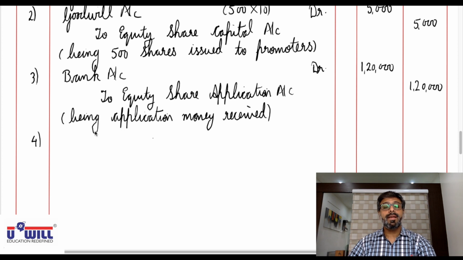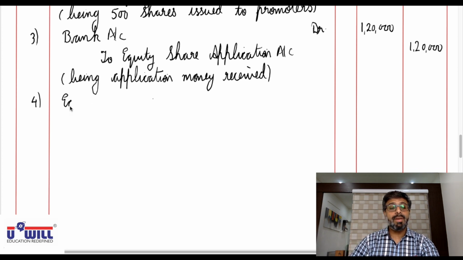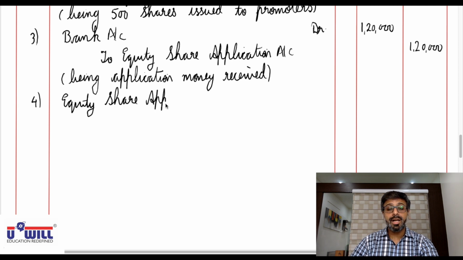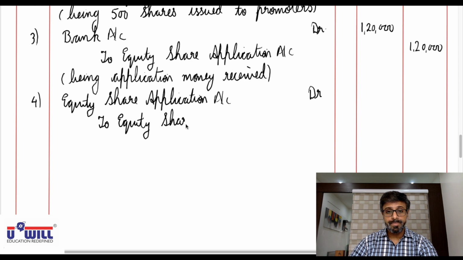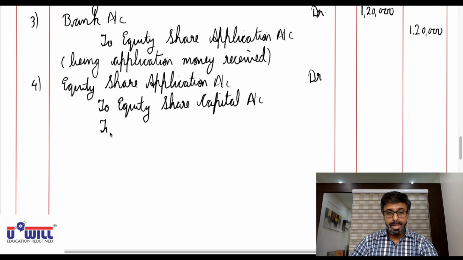Fourth, now transfer of application money, the long entry: equity share application account debit to equity share capital account, to equity share allotment account.